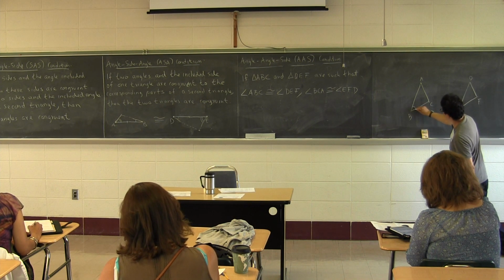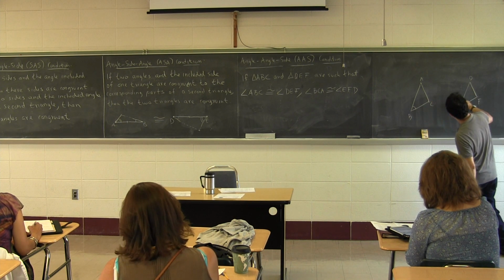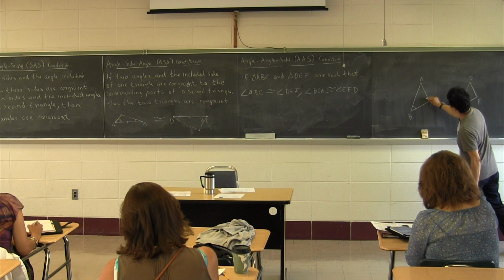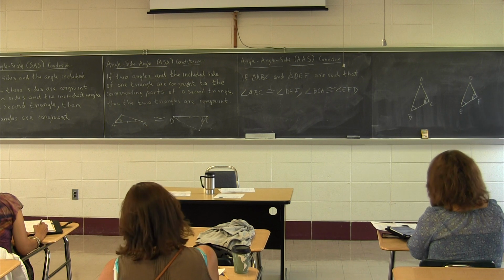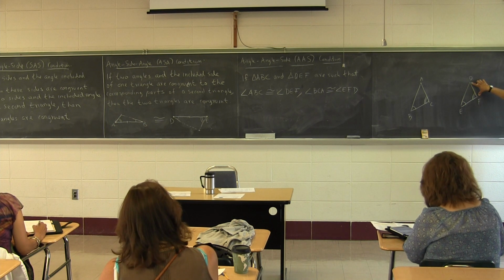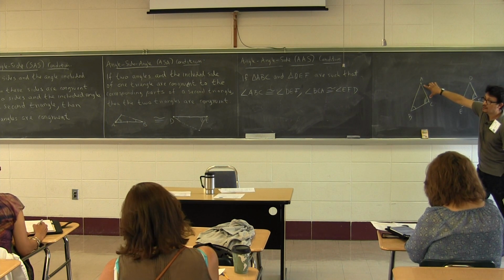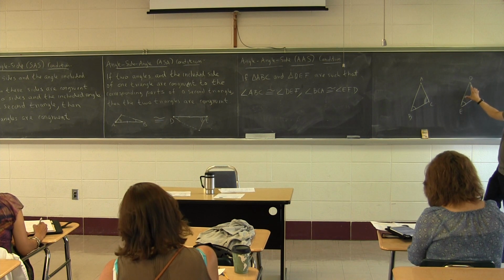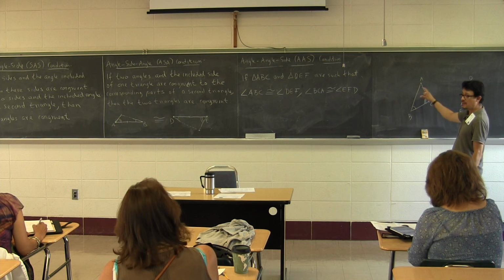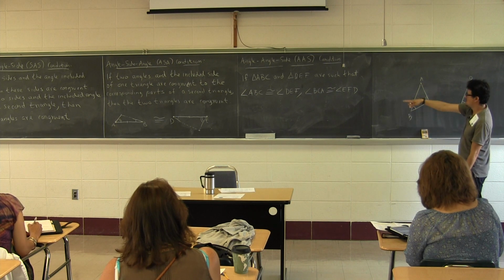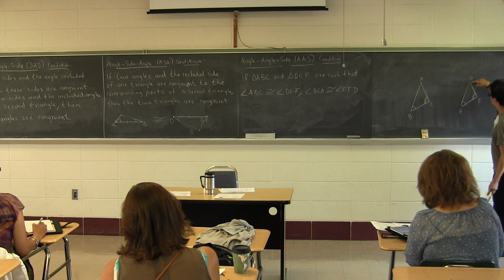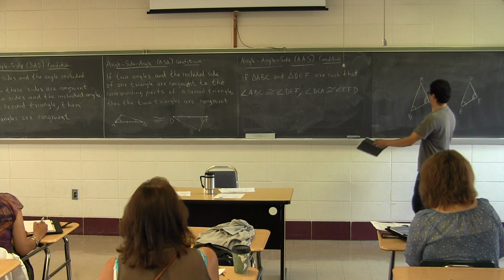So we have this angle congruent to this angle, congruent to this angle, right? And the next is either this side congruent to this one or this side congruent to this one. It doesn't really matter which pair are congruent. So I'm just going to write AC congruent to DF. Could be the other one.